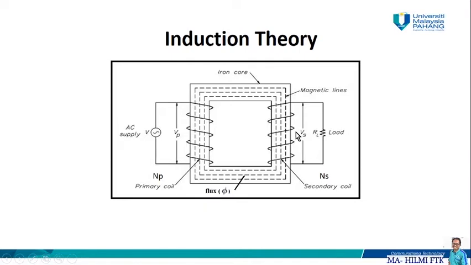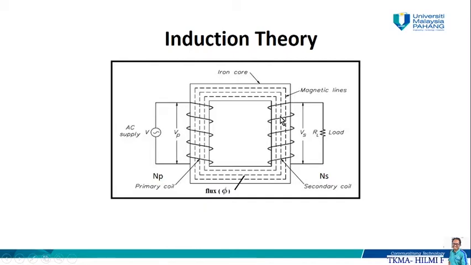So when the current in the primary coil changes, being alternating in nature, a changing magnetic field is going to be produced. This changing magnetic field gets associated with the secondary circuit through the iron core, where the flux in the iron core is going to be transferred or connected to the secondary coil.